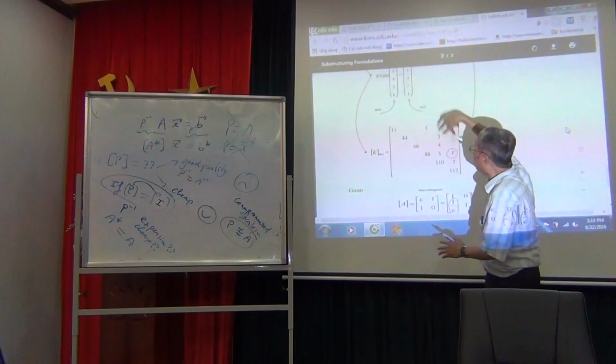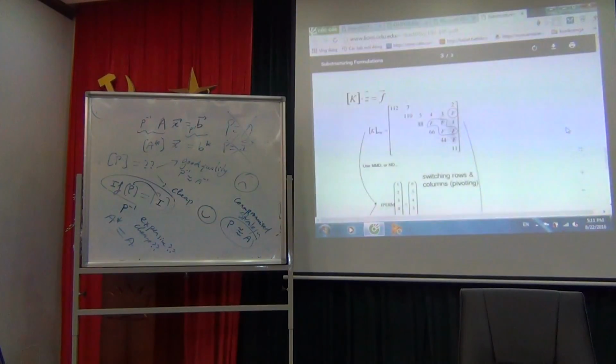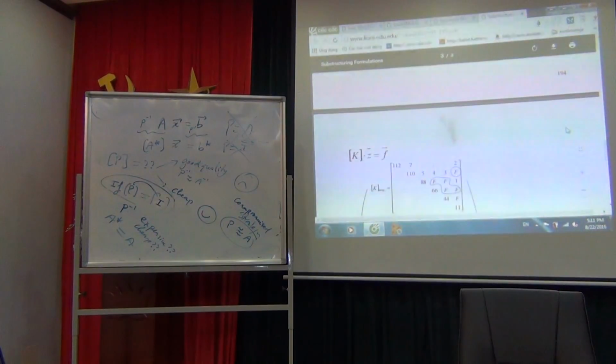So, by looking at this example, you must get some idea. The non-zero location of a matrix A, do you think is important or not important? Very important. Why? Because you take a look at this example.